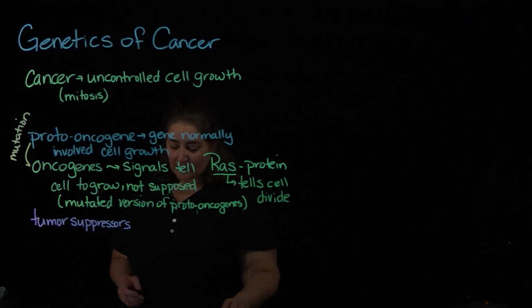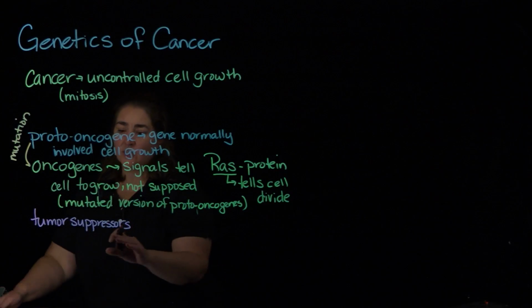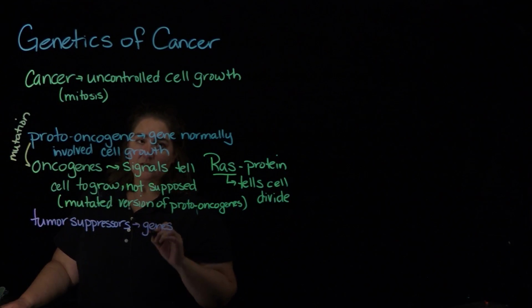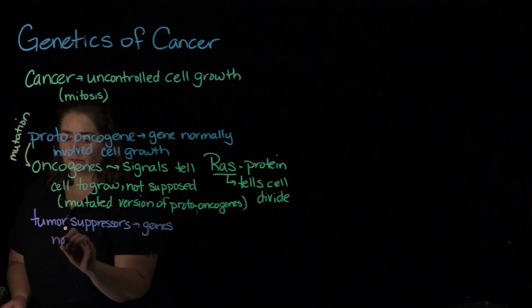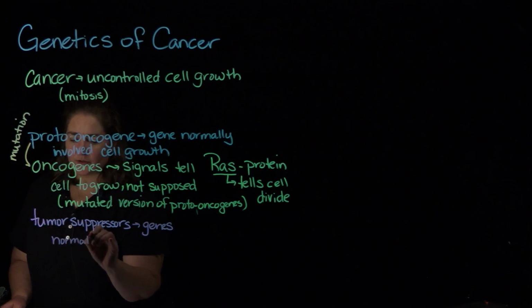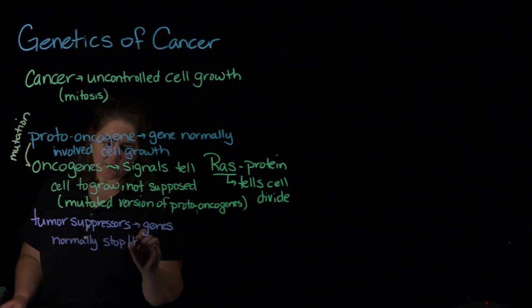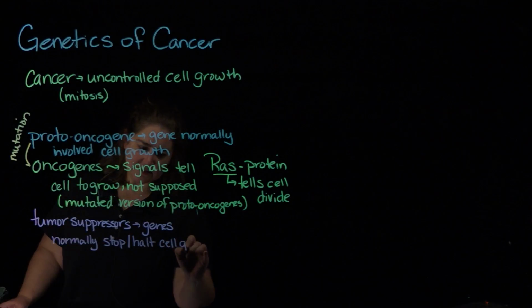All right? Kind of on the flip side of that, we've got genes that are tumor suppressors. So this is also going to be at the DNA level. Those tumor suppressor genes normally stop or halt cell growth.